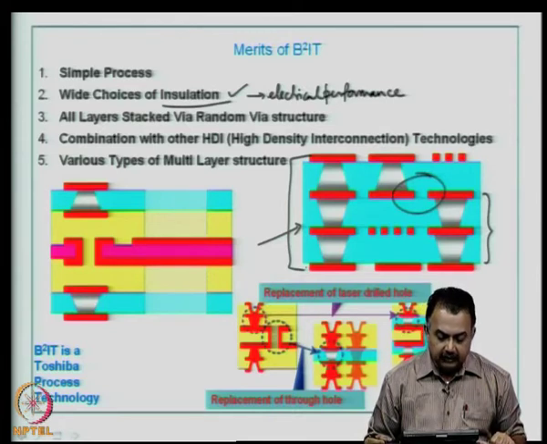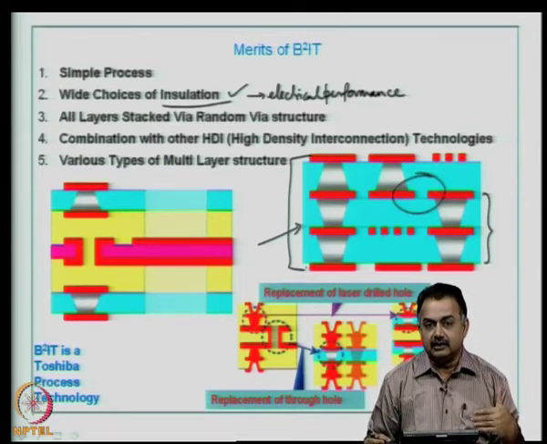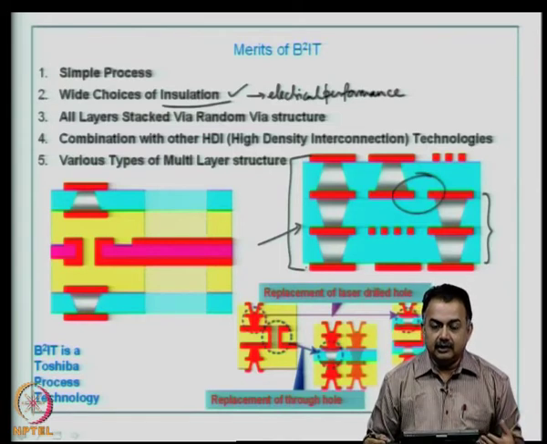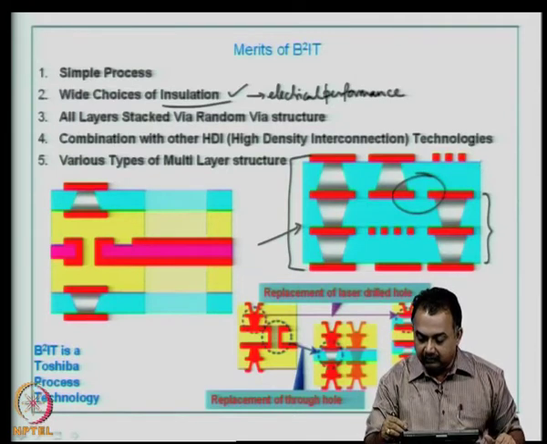It can combine well with other HDI processes. So, basically it can merge well with your PCB processes, because if you want to plate at the top and the bottom, add more copper and do the imaging processes, or if you have space available in the structure, you can even interconnect through a final through hole if you desire.